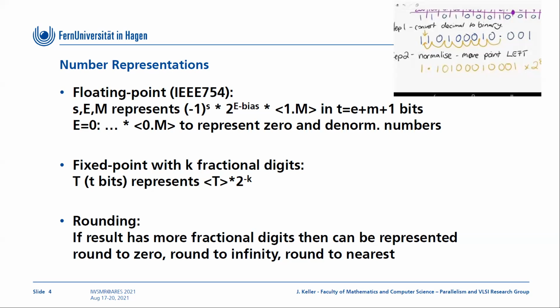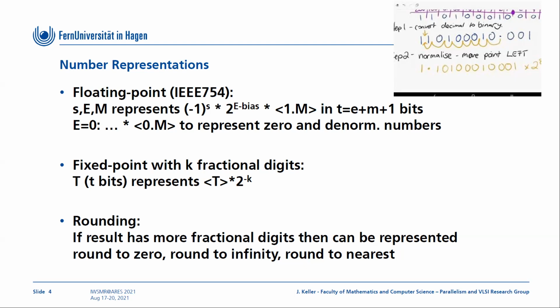The second type of number representations for non-integral numbers are fixed point representations with k fractional digits. With t bits in total, we represent the binary representation of the bit string t multiplied with 2 to the minus k.